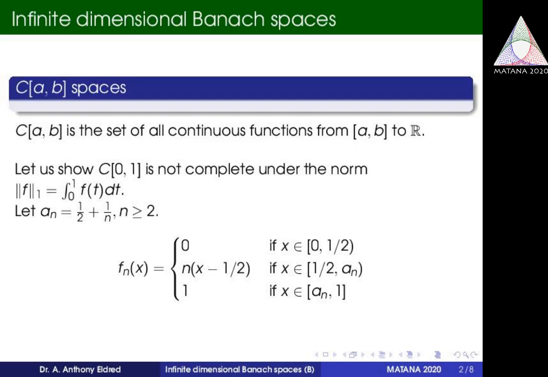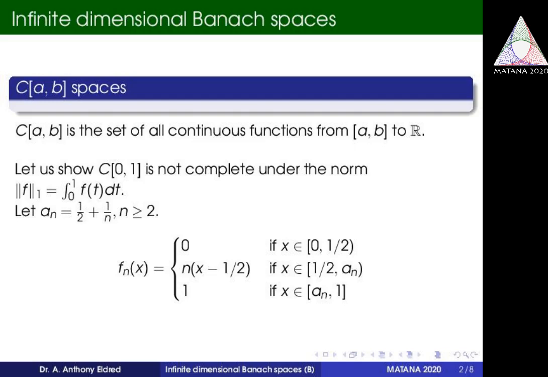At 1/2, n(x - 1/2) will be 0, and similarly when x = a_n, that is x = 1/2 + 1/n, if we substitute in place of x, we have n times 1/n equal to 1. So at the common points the function agrees. Therefore all these functions are continuous, so f_n(x) is a sequence of continuous functions.